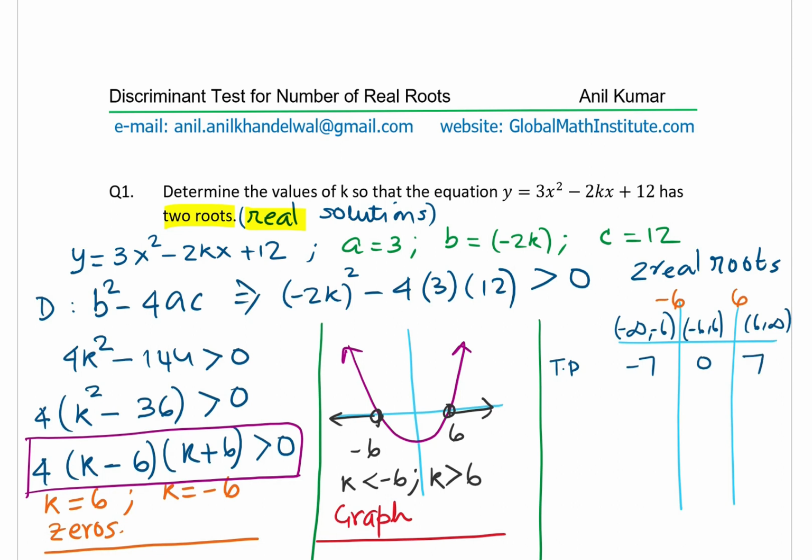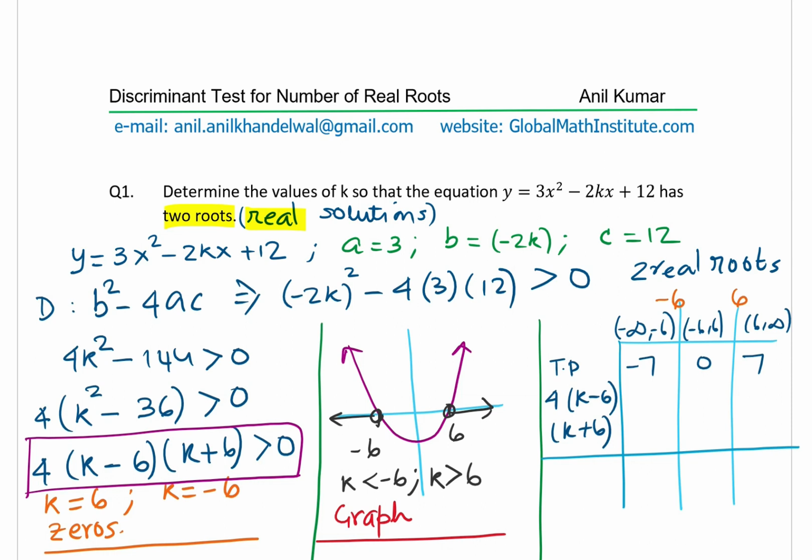And what are we testing? We are testing the factors, which are 4 times k minus 6, you can say, and k plus 6. So we will test these values, and from there we'll figure out when the graph is positive and when the graph is negative.